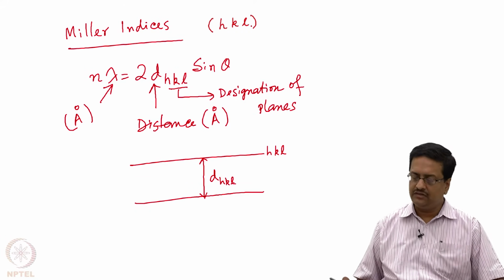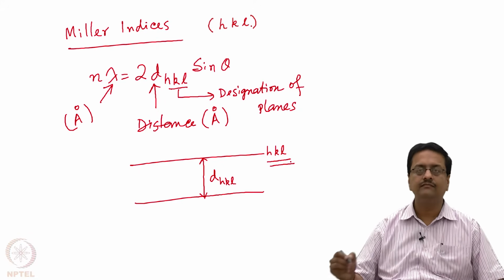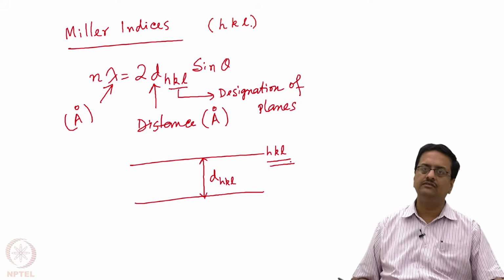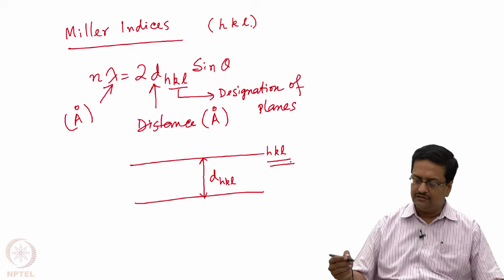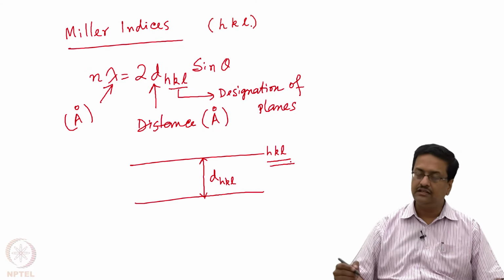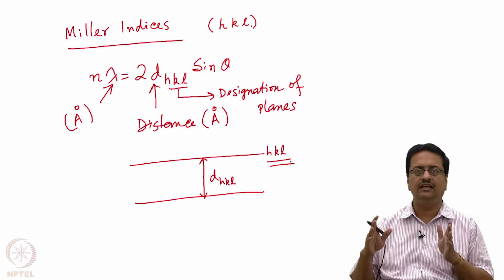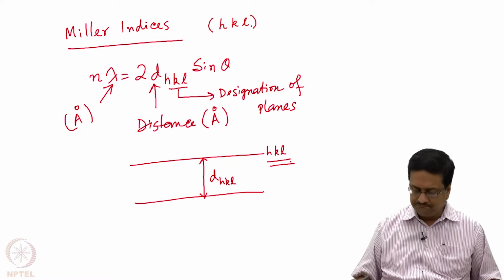To do that, we need to know how to designate these HKLs, what the possible values of HKLs are, and then we should know the significance of those planes with respect to the axes x, y and z.